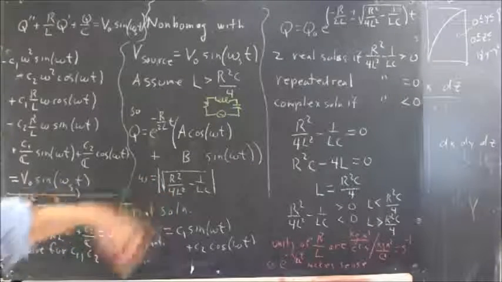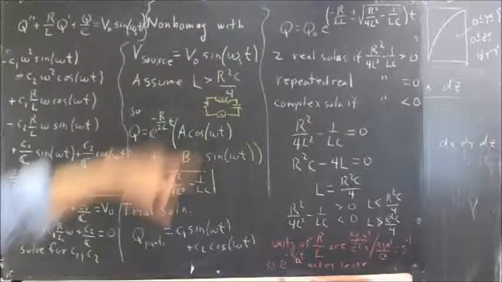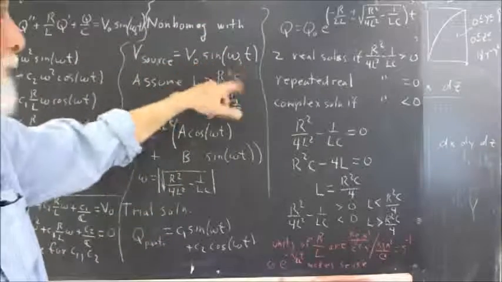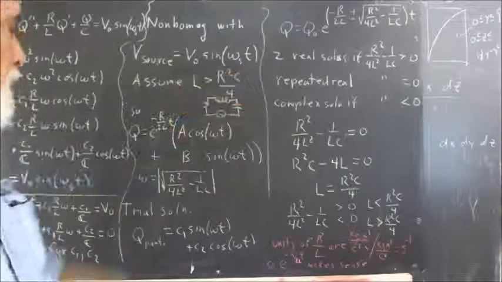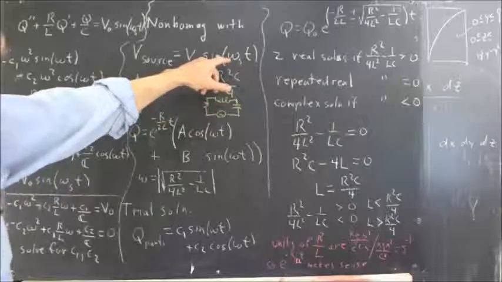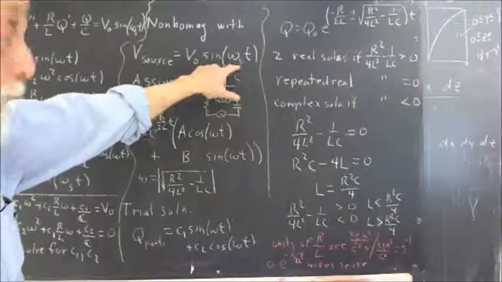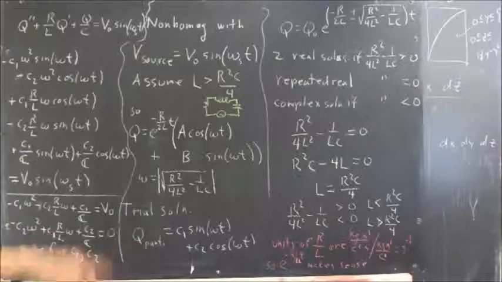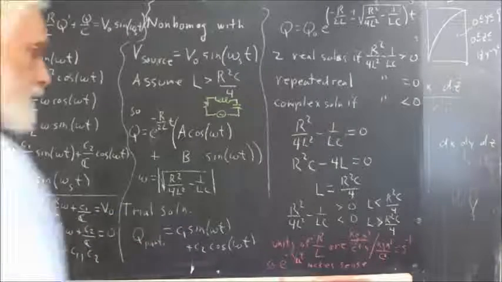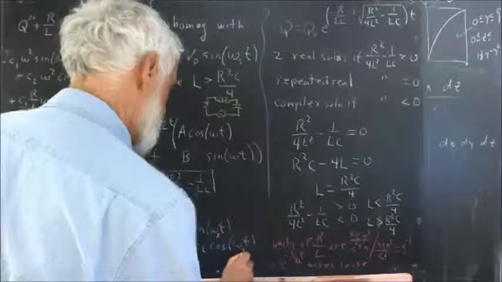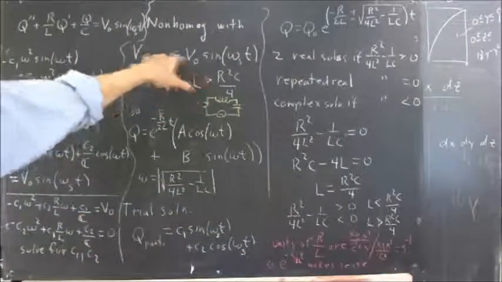and now we want to solve the non-homogeneous equation here, so we're going to use a trial solution. And the trial solution for a sine function, omega s is the angular frequency of the source as opposed to the omega that we get here. Okay, so the trial solution is going to be, and of course I left the s off of my omegas here, but the trial solution is going to be of this form.